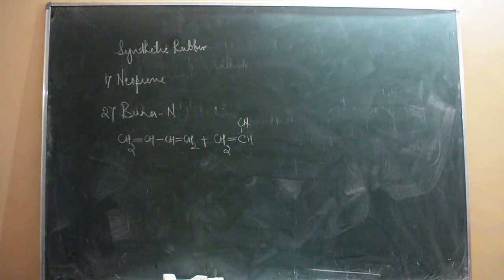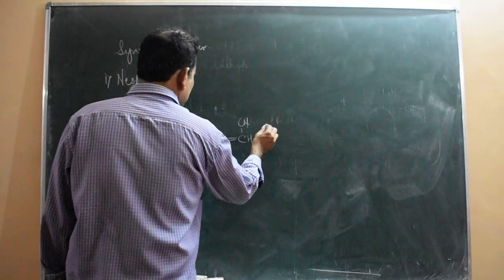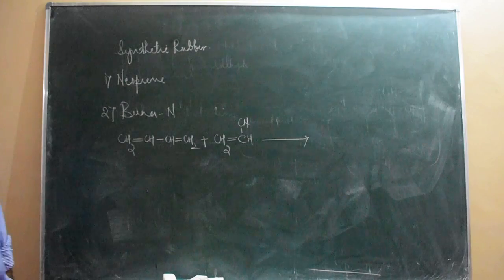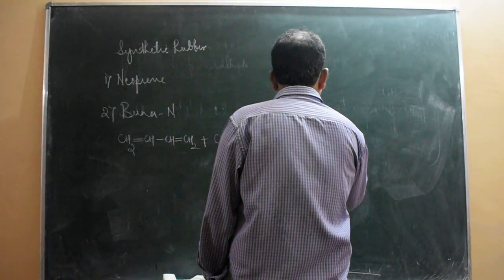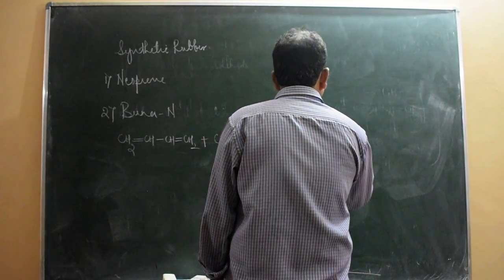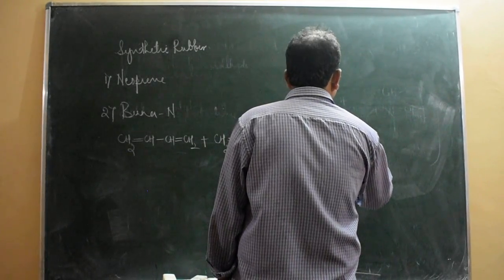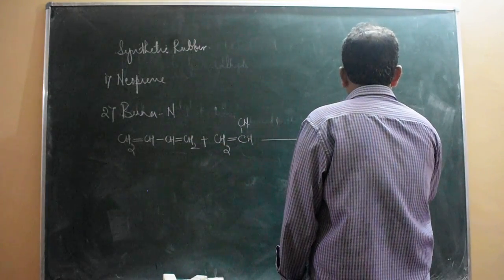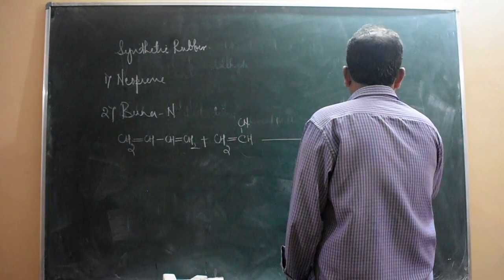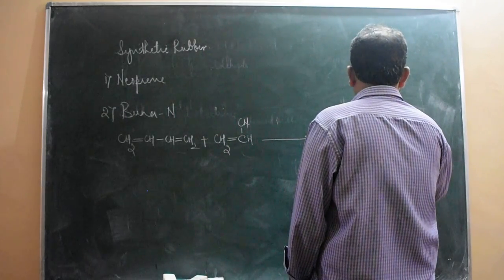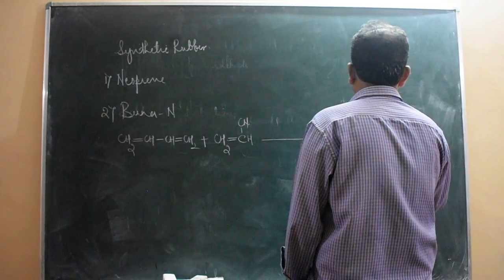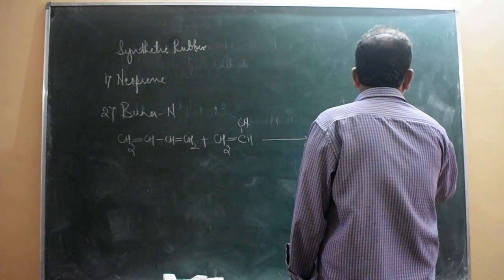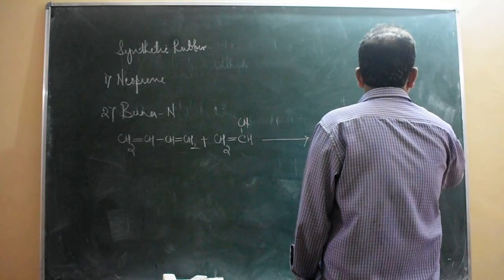When you heat them, you get a monomer which will be CH2 dash CH double bond CH dash CH2 dash CH, and so on.